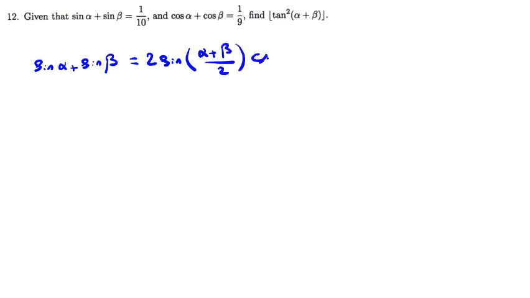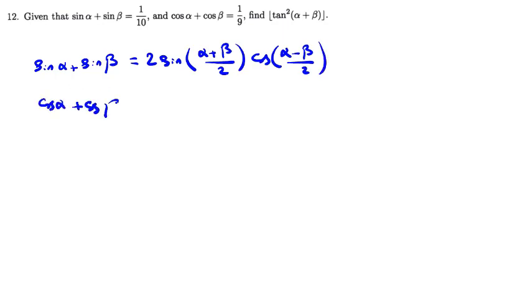So for solving this problem, we want to change sum to product. Sine alpha plus sine beta, if we want to change it to product, is 2 sine (alpha plus beta over 2) cos (alpha minus beta over 2).